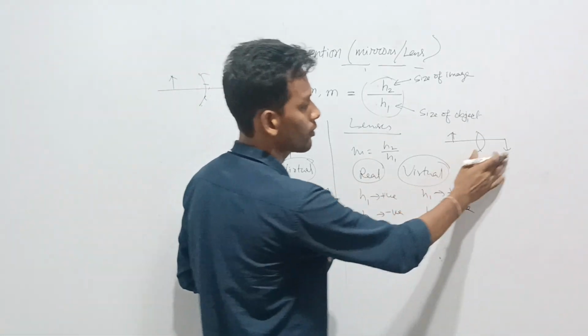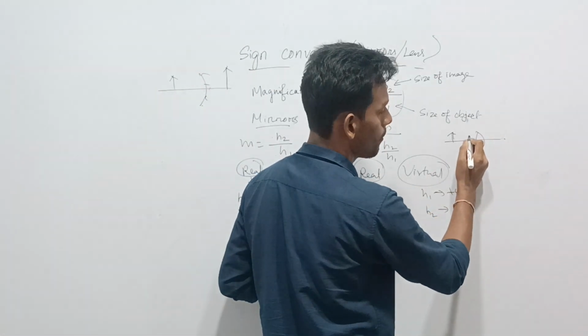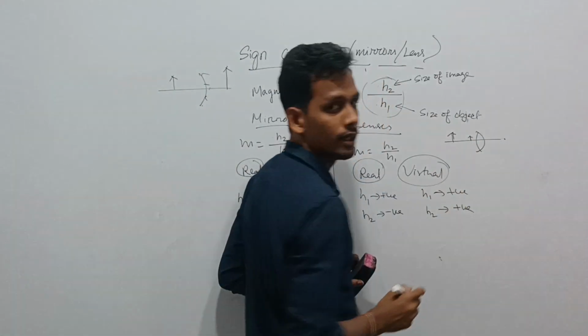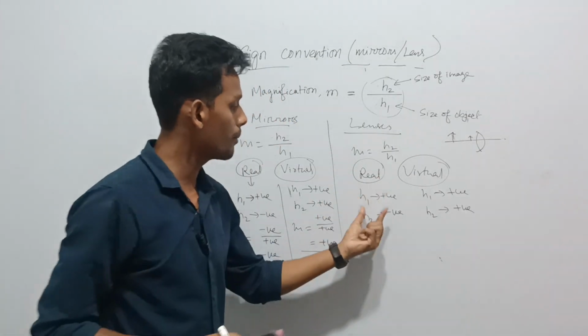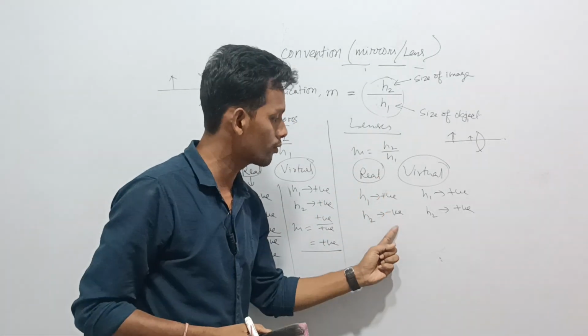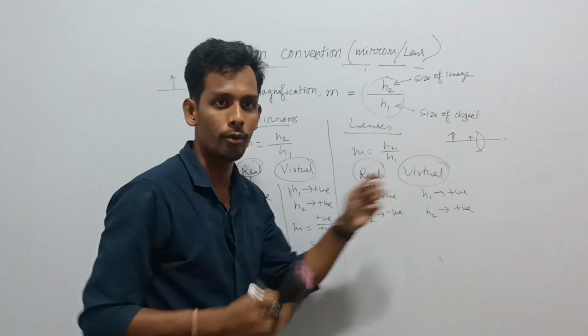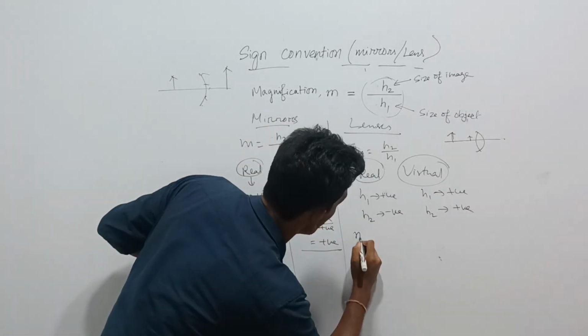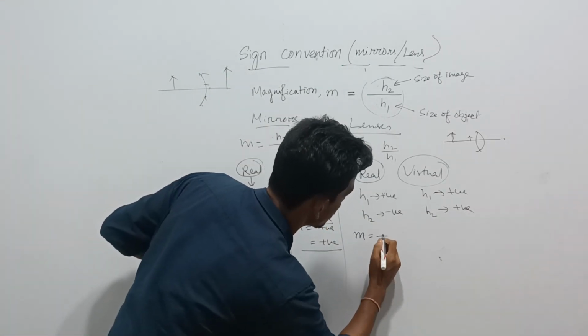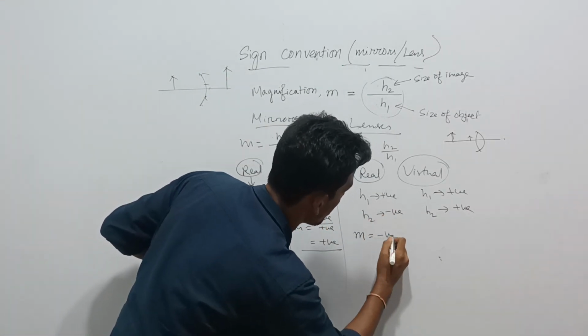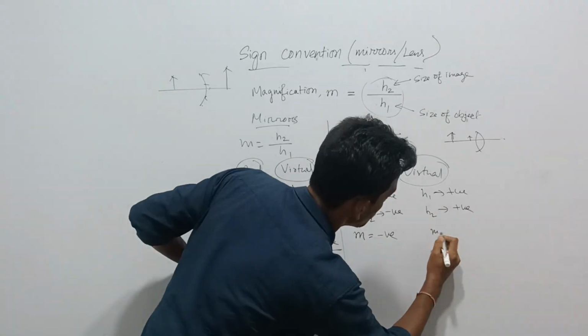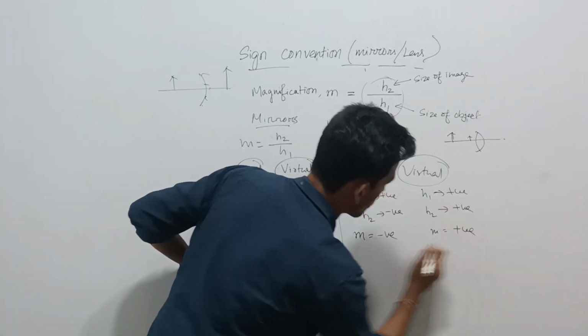And in the case of a virtual image, the image will form in this region. So for a real image, h1 positive, h2 negative; for virtual, both are positive. So for a real image, magnification is plus by minus, ultimately minus, and for virtual, plus plus, ultimately plus.